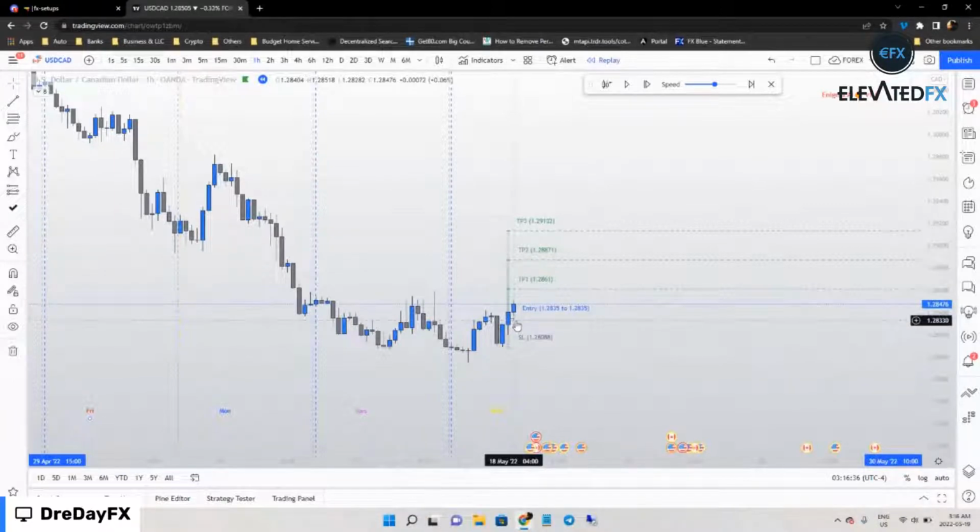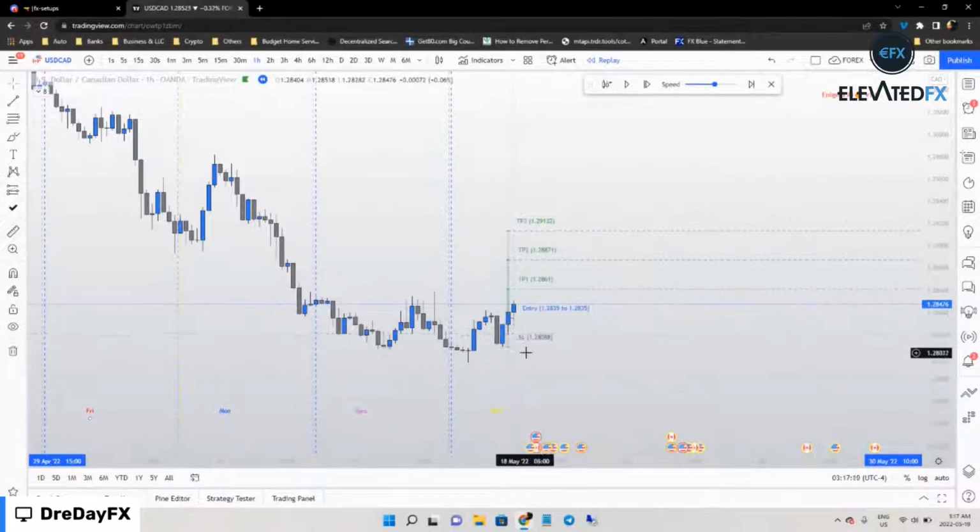If you did a pending order, you would be filled here at the entry price, or if you had market execution, you'd still be a little bit in drawdown. But what I do, because most of my trades are market execution, is set up my stop loss based on the previous candle wick.